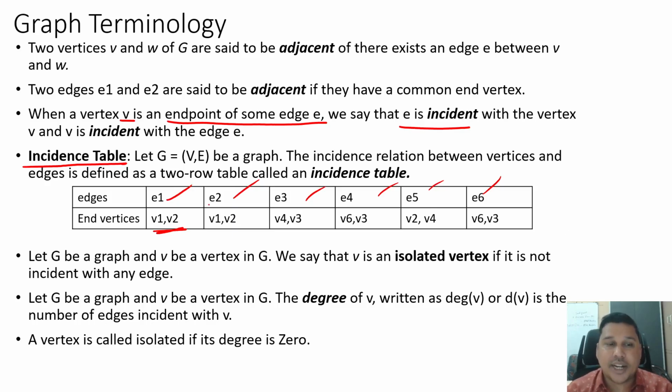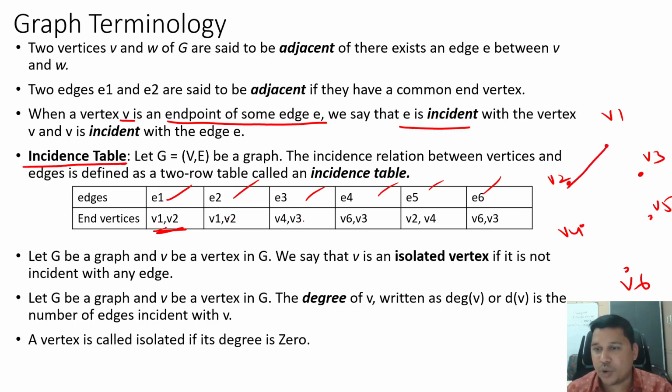let us try to draw this. It is very clear that vertices V1, V2, V3, V4, V5 and V6 are there. So, let us draw 6 vertices. This is V1, V2, V3, V4, V5 and V6. V1 and V2 are forming E1, and V1 and V2 are again forming E2, a multiple edge. So, there is another edge like this, E2.